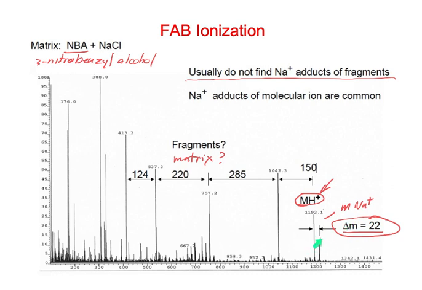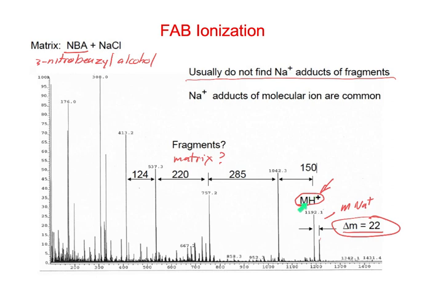Otherwise, if we didn't see the M plus sodium here, if we hadn't added the sodium chloride, sometimes you can see M plus sodium even if you didn't add it, because it's just kind of ubiquitous in glassware and everywhere else. But otherwise, it would be just like other experiments, EI and stuff. We'd be looking at the highest molecular weight ion.